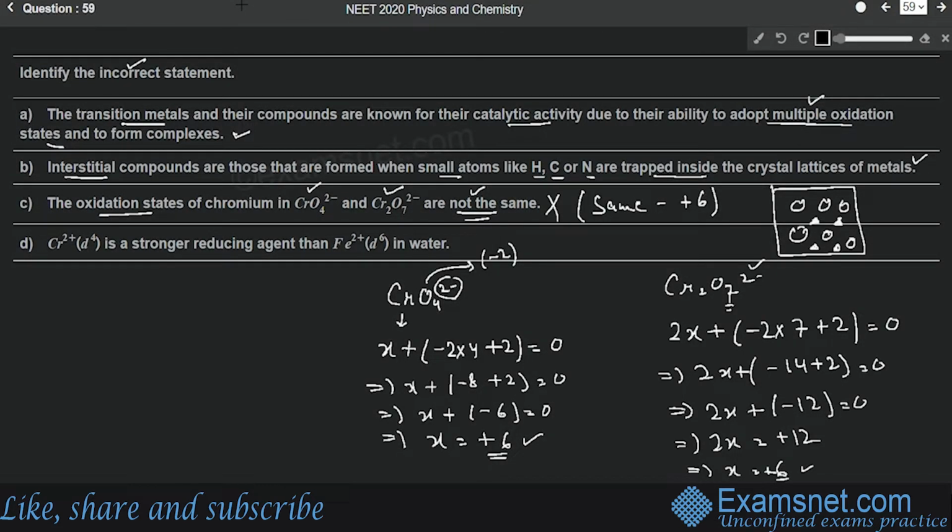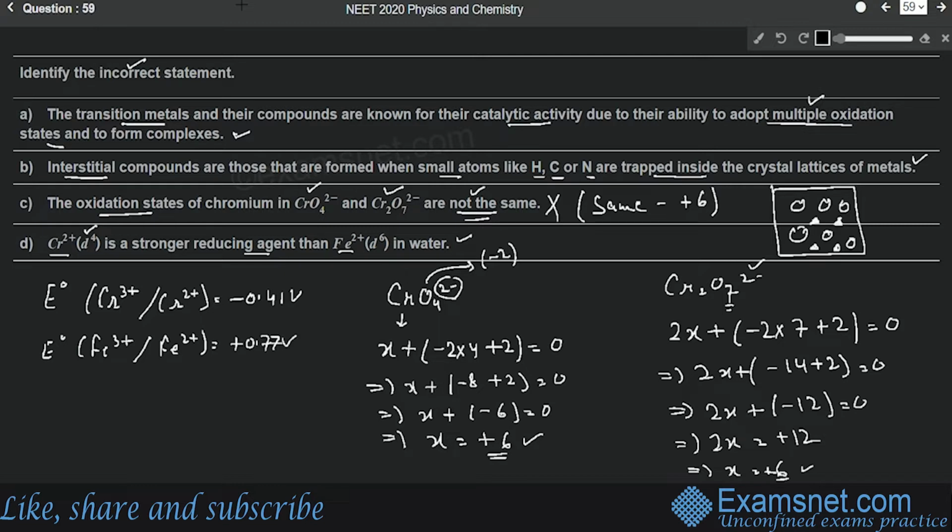The last statement says Cr2+, whose configuration is d4, is a stronger reducing agent than Fe2+ in water. So this is a correct statement. Why? The reason lies behind the E0 value. E0 value for Cr3+ to Cr2+ is -0.41 volt, whereas E0 value for Fe3+ to Fe2+ is +0.77 volt.